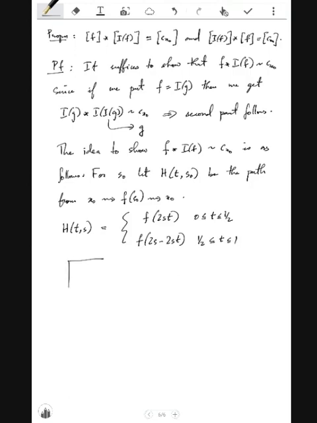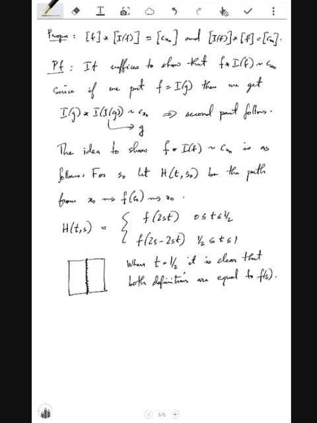So we have defined H in two regions, and when t equal to half, it is clear that both definitions are equal to f of s.